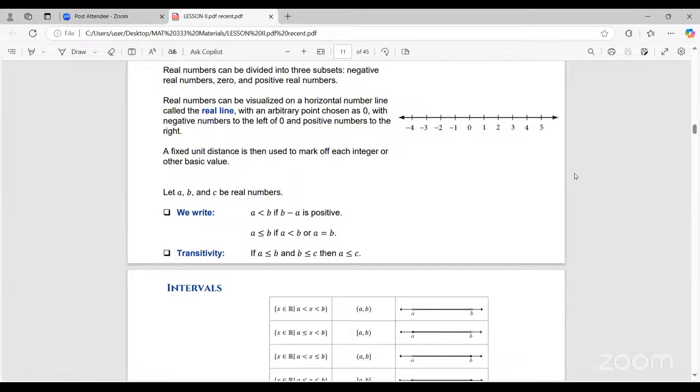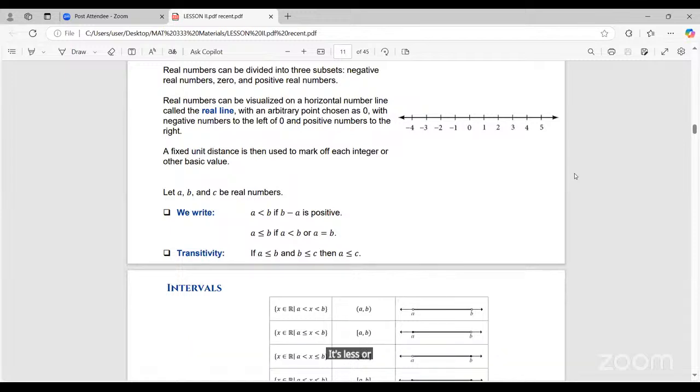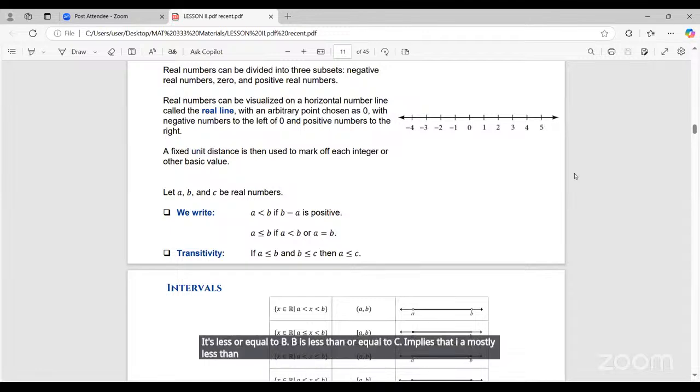A is less than or equal to B if A is less than B or A is equal to B. If A is less than or equal to B and B is less than or equal to C, it implies that A is also less than or equal to C. That's the transitivity law.